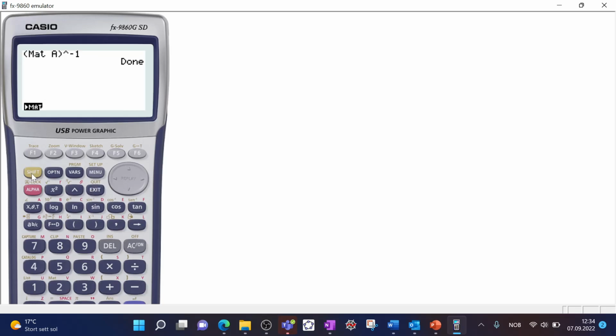And now we could see what happens if we take matrix A and multiply it with matrix D. And if matrix D really is the inverse of matrix A, then this should result in the identity matrix, which indeed it does. So here you have 1 0 0, 0 1 0, 0 0 1. So this is what we know as the identity matrix. So that's how you find an inverse matrix on the Casio.